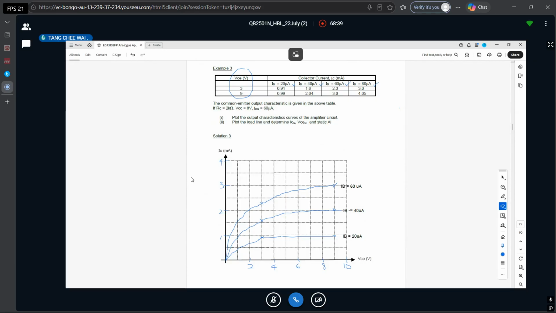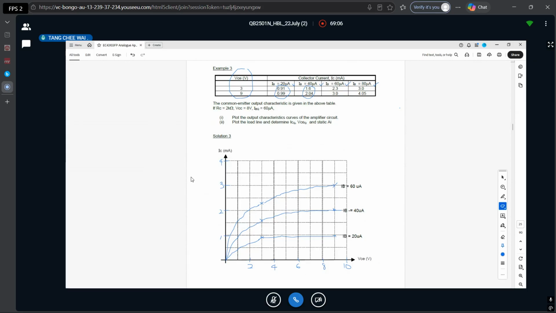Now, then you look at the top. They say collector current. This is the IC, collector current. Are you okay first? This is important before I go to the graph. If not, when I go to the graph, you don't know where I get the value from.